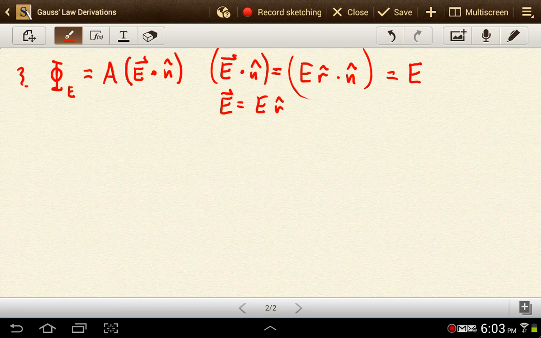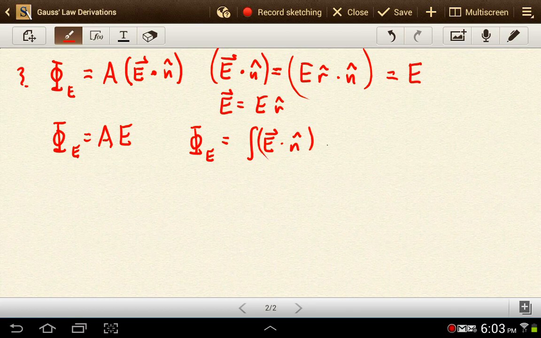So we can say then that phi sub E equals A times E. Now if you want to do this formally, your teacher may make you say that electric flux is equal to the integral of E dot n hat dA, a surface integral.